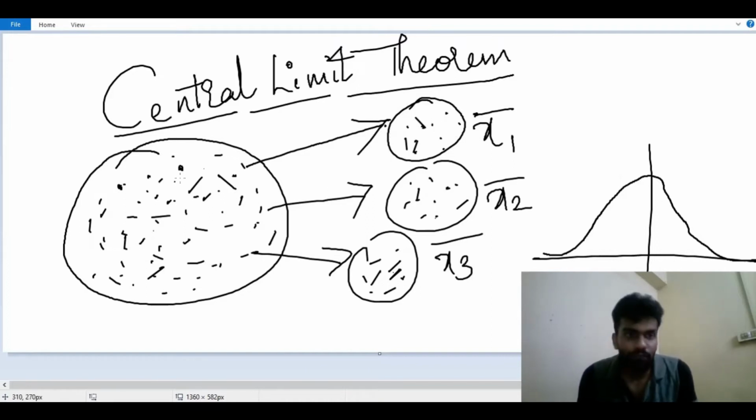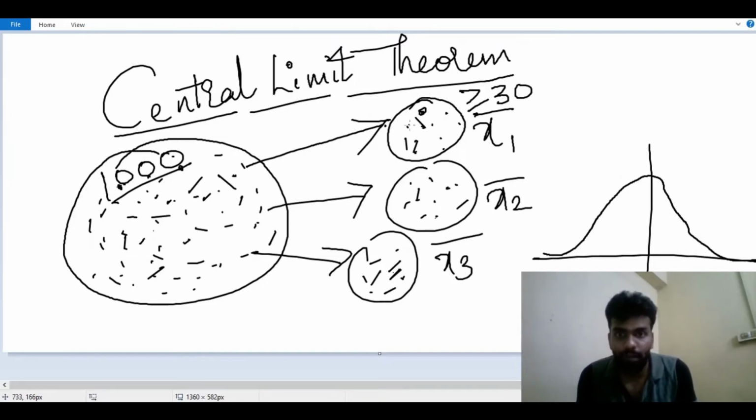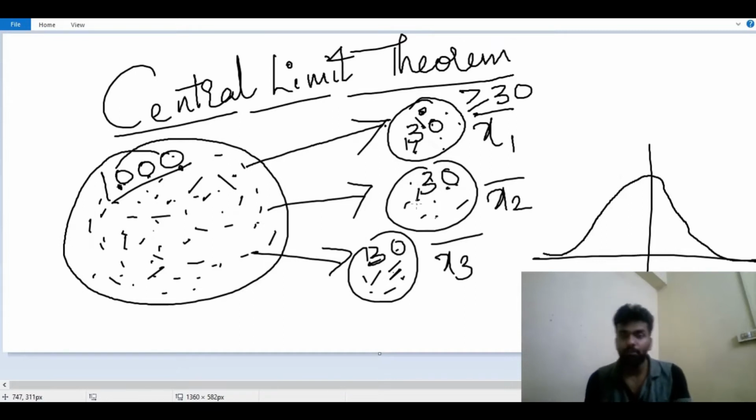For example, let's take that we have around 1,000 people in this village. By the rule of thumb of the central limit theorem, the sample should be greater than or equal to 30. So it should be 30 people, or it can be greater than 30. Similarly for these samples as well. So that's the rule of thumb: the sample size should be greater than or equal to 30.